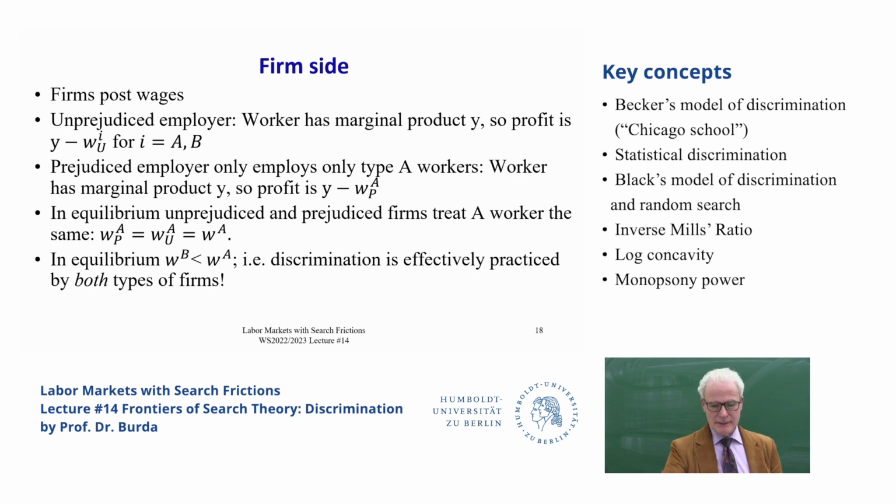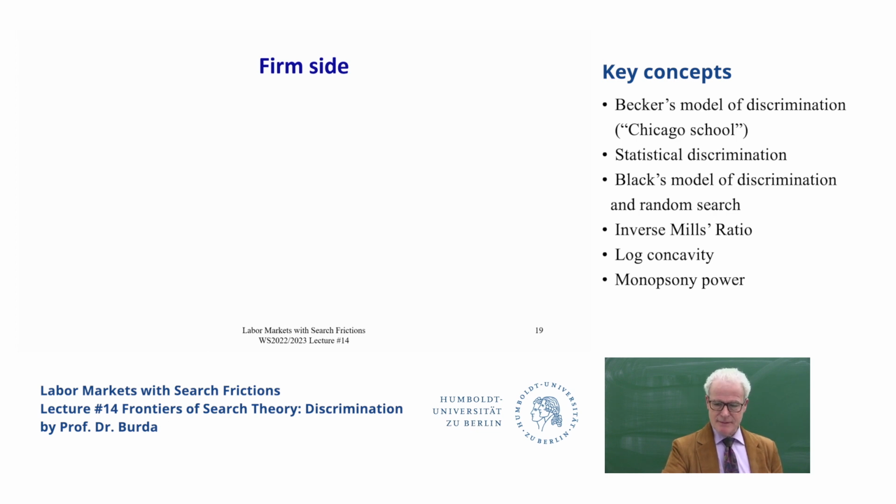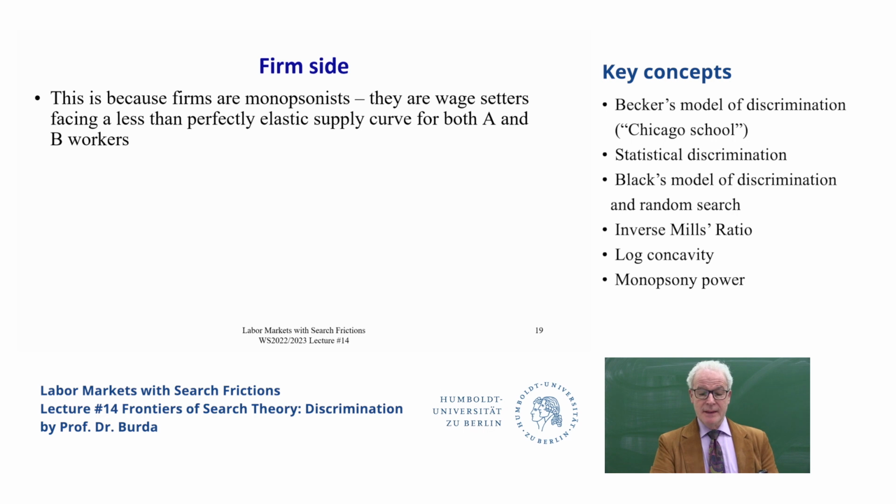So again, it may be illegal, like we said, it may not be fair, maybe there'll be unrest in the firm, maybe the workers have a certain ideology, all workers should be paid equally, and so on. Possible. But again, the incentive, the pressure is there. And this is only because firms have this monopsony power. So it all derives from this monopsony power. They're wage setters. They face a less than perfectly elastic supply curve.